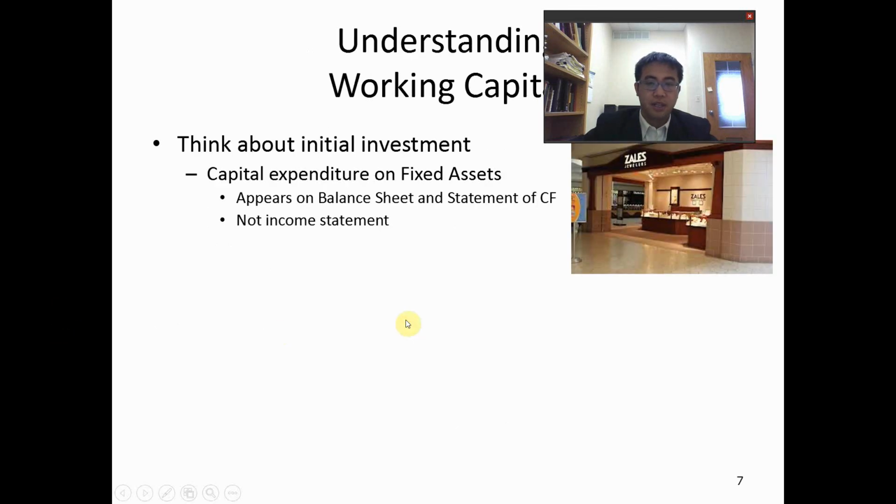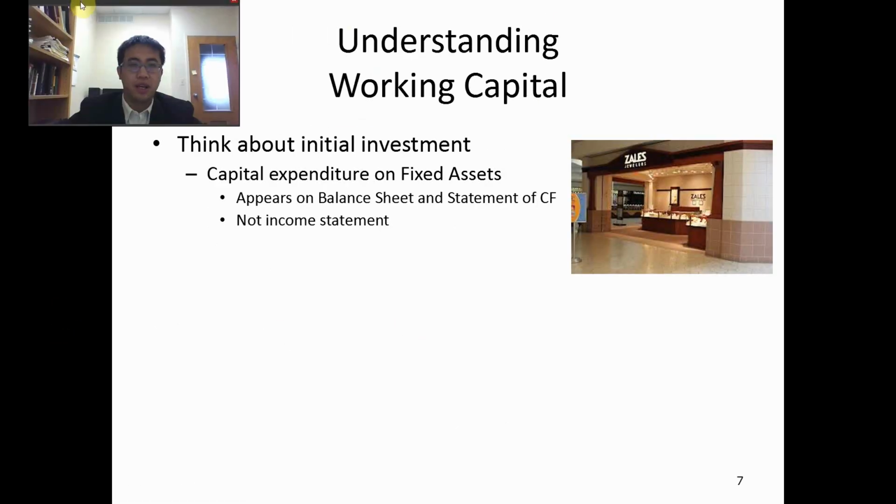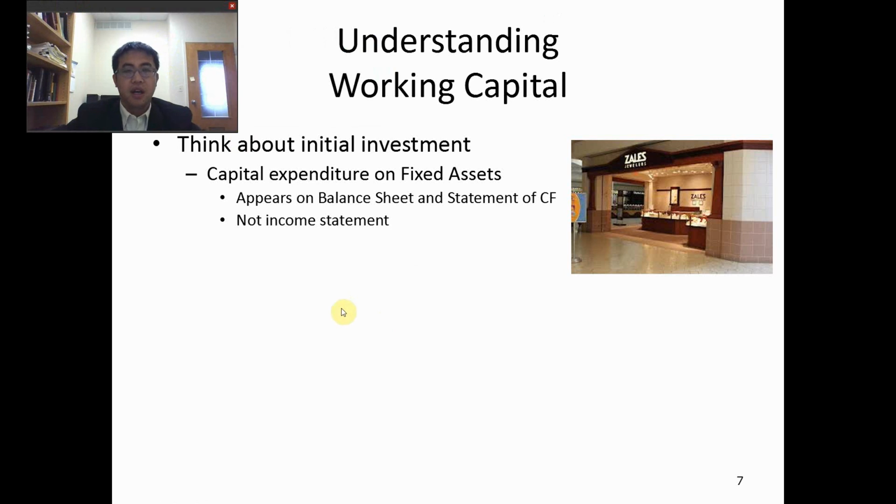So here we have an example. Let's say you are running a shopping mall business, you have different stores in the mall. You have a cell phone store, a clothes store, a shoe store, and all these different stores.